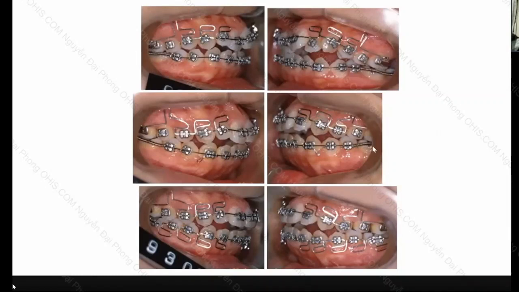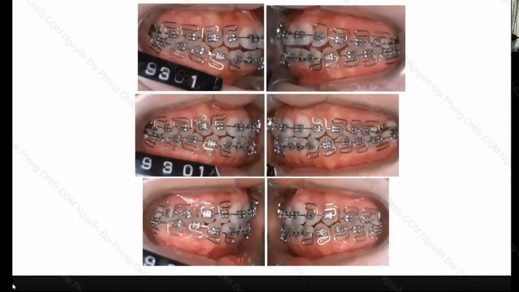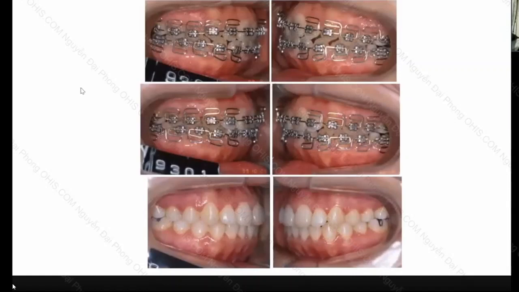I use the open coil spring here. After that, multi-loop, then continue to upright all this buccal segment. Then finish like this.